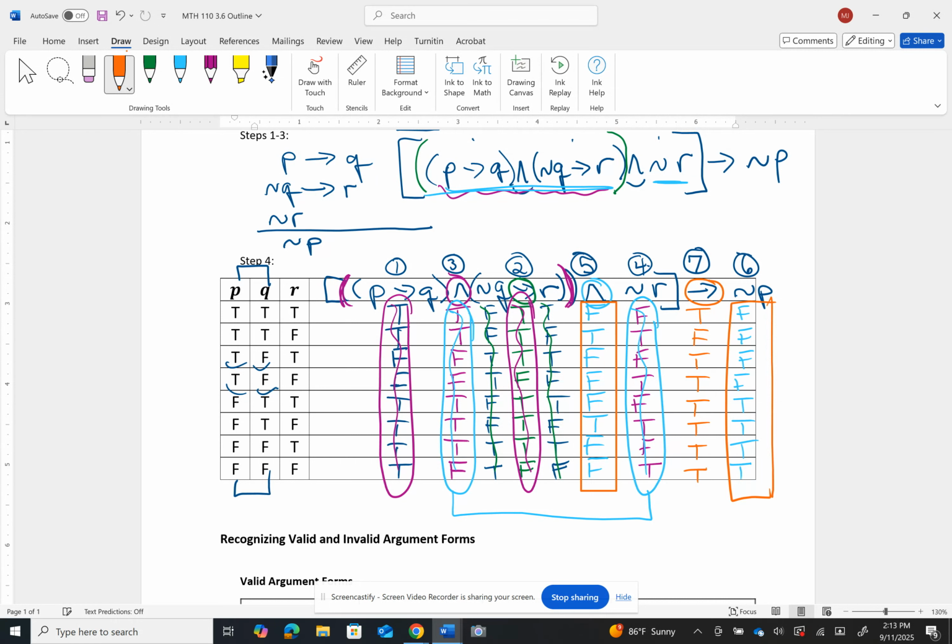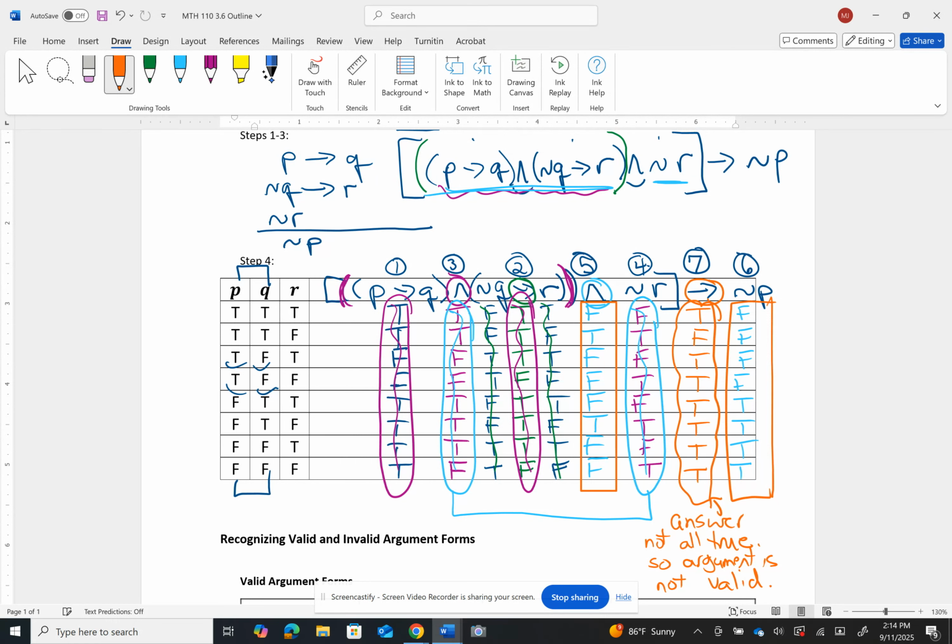So that right there in orange is my final answer, and that's the answer column. Not all of them are true. So that means the argument is not valid.